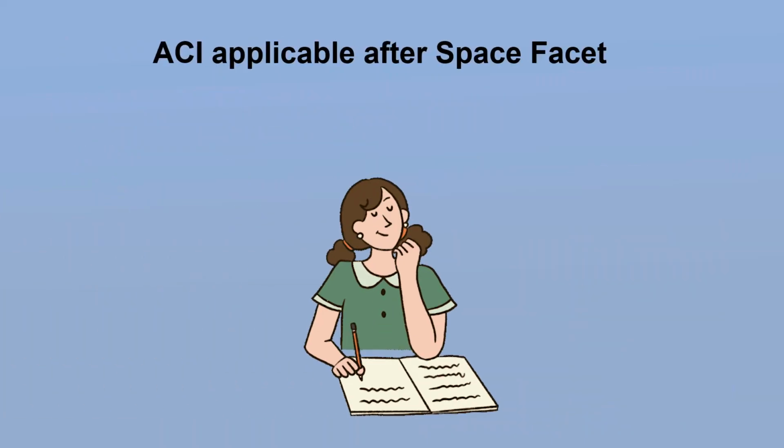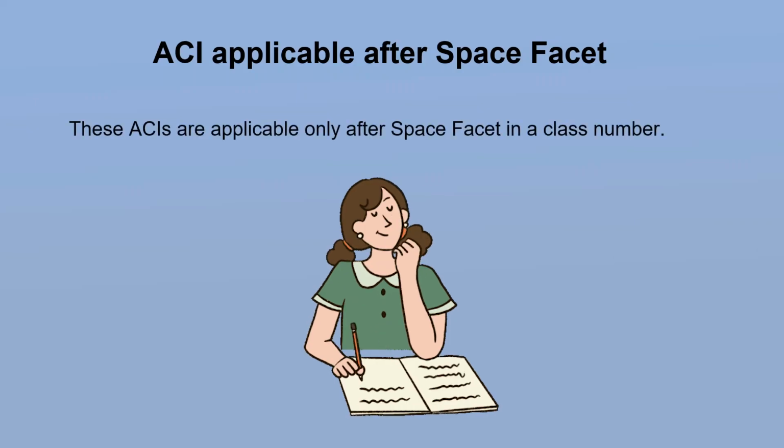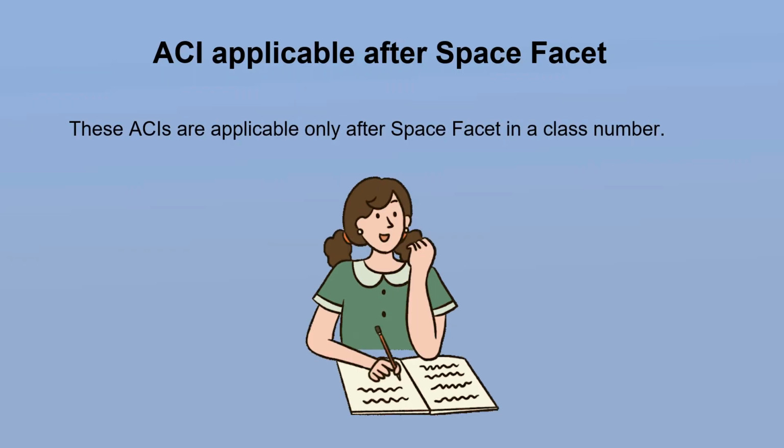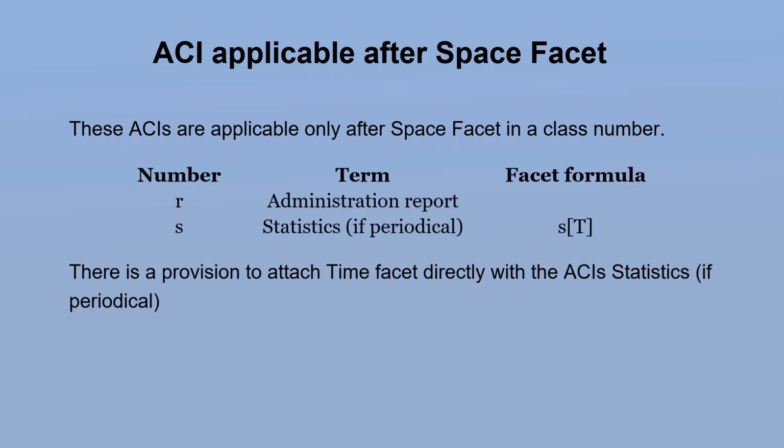Now we move on to anteriorizing common isolate applicable after space facet. These common isolates are applicable only after space facet in a class number and are enumerated for the administrative report, or if we have any periodical statistics for any document, we have to use anteriorizing common isolates which are applicable after space facet.